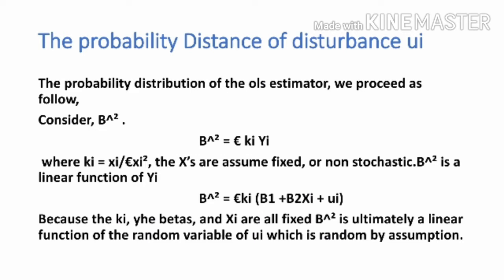Because the ki, the betas and xi are all fixed, beta hat 2 is ultimately a linear function of the random variable ui, which is random by assumption. It is all fixed, but beta hat 2 is a linear function of a random variable.